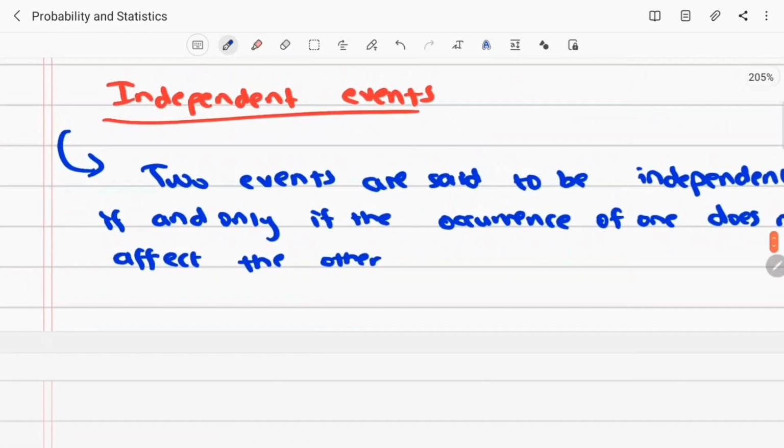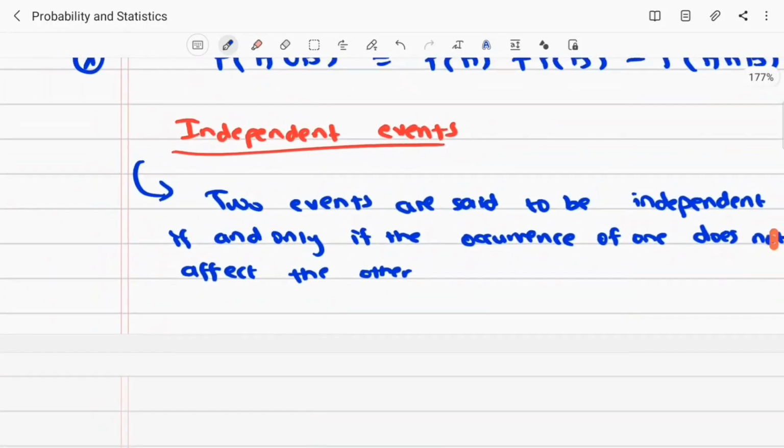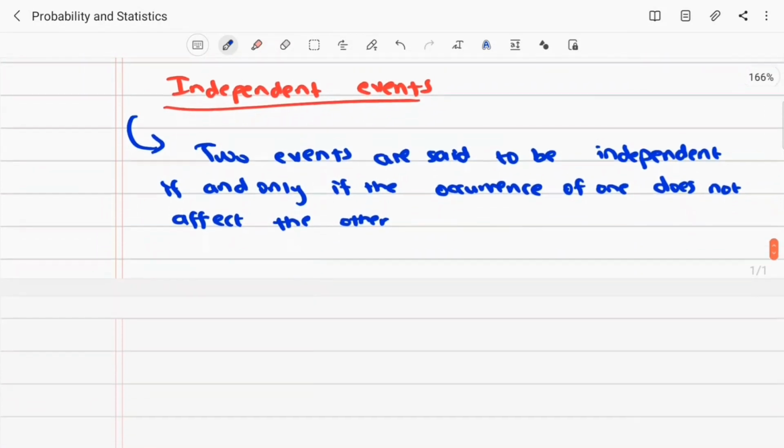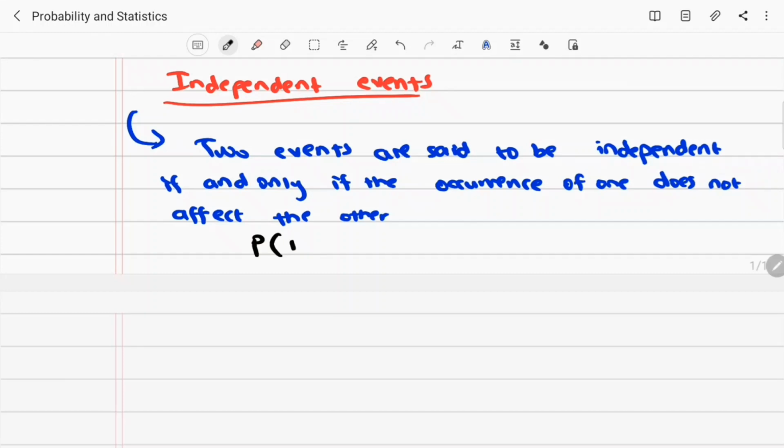For independent events, one very important thing that you will have to note is that probability of A intersection B would be probability of A multiplied by probability of B. That is only for independent events.